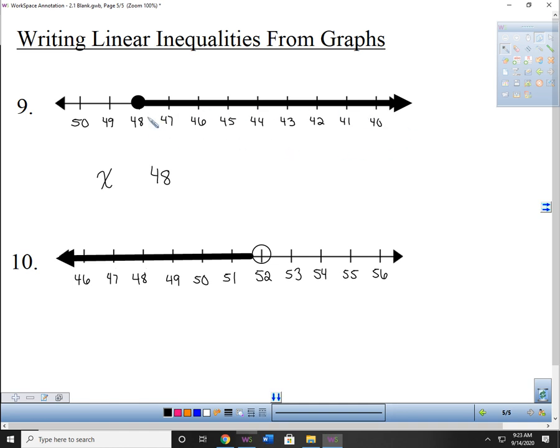All of these numbers are smaller than 48, which means I would have a less than symbol. And this is another example of why we don't want to think about which way it's pointing, because our graph can be tricky. So all of these are less than 48, and then since your circle is filled in, that will be equal to.